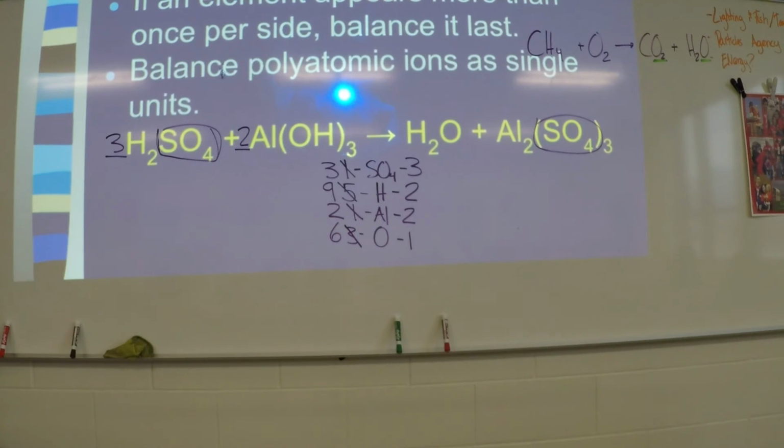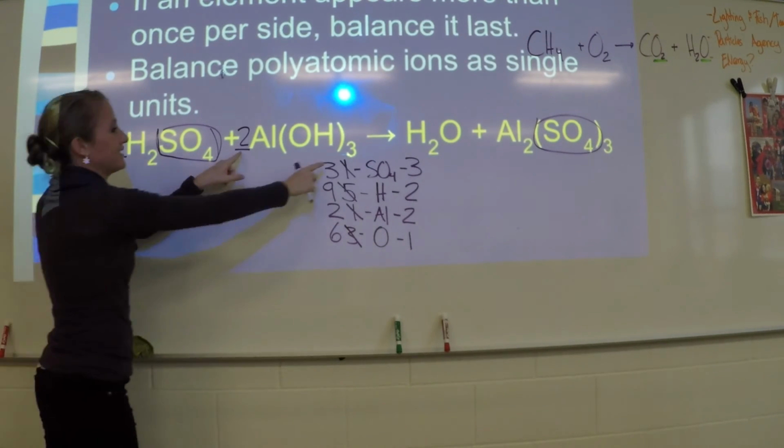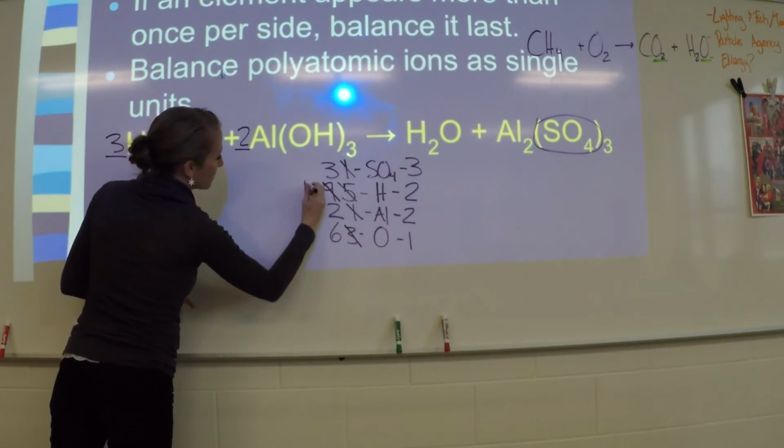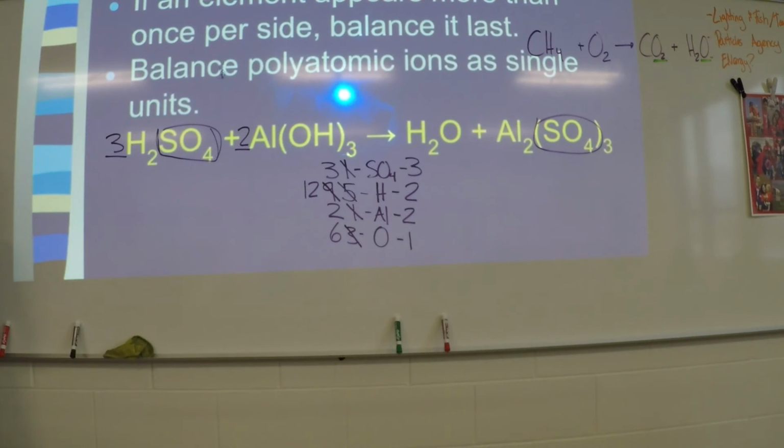And now look carefully, how many total hydrogens do I have now? Good, this gives me 6, and this gives me 6, so a new total of 12. So then you can put a 6 on the H2O.